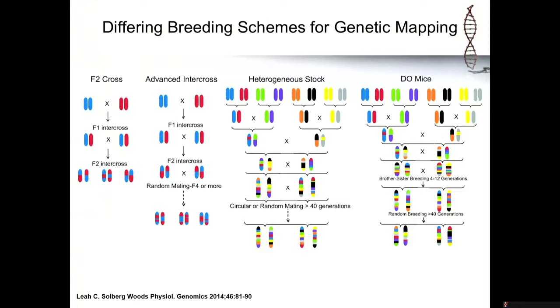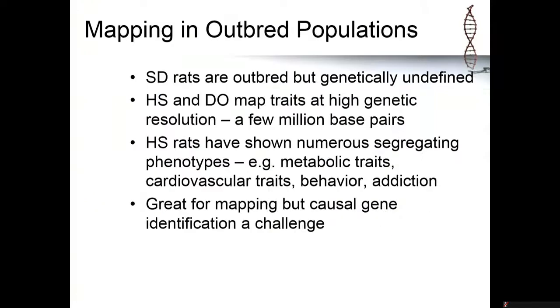We heard about the diversity outbred mice. I'm going to talk just a bit about the heterogeneous stock rats because it is another resource to do a population-based genetic study. We could potentially be doing mapping in the outbred populations of the HS and the diversity outbred.